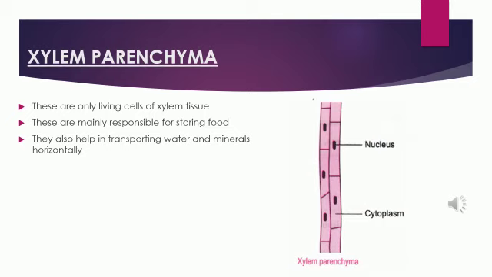They also help in transporting water and minerals horizontally, whereas we saw that tracheids and vessels transport the materials vertically, xylem parenchyma transports the water and minerals horizontally to the plant.